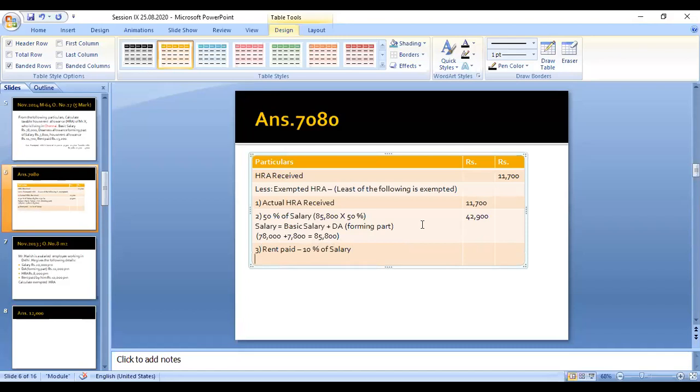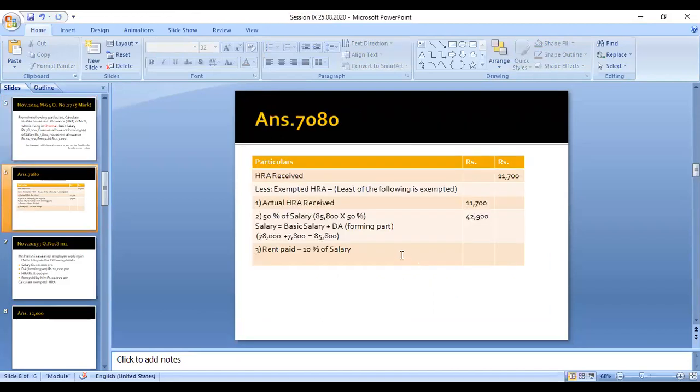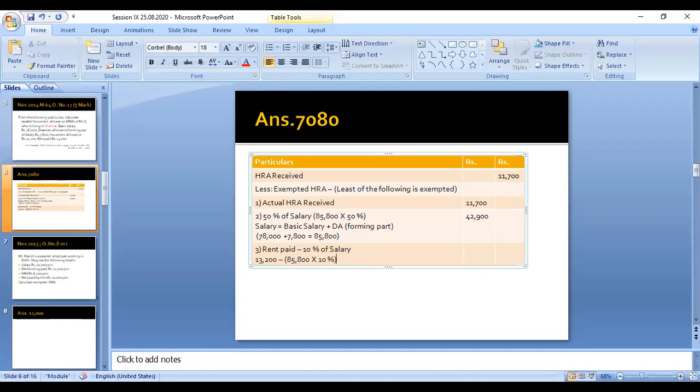We can see the previous slides. The rent paid amount is 13,200. Then minus 10% of salary. How to calculate 10% of salary? The salary is 85,800 into 10%, that is 8,580.